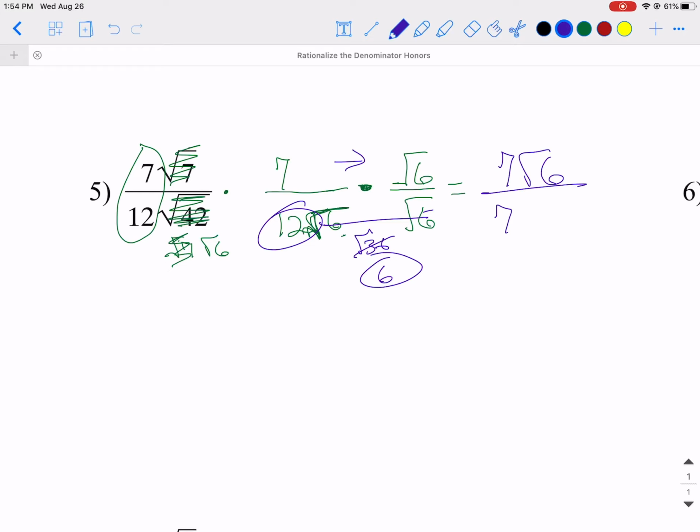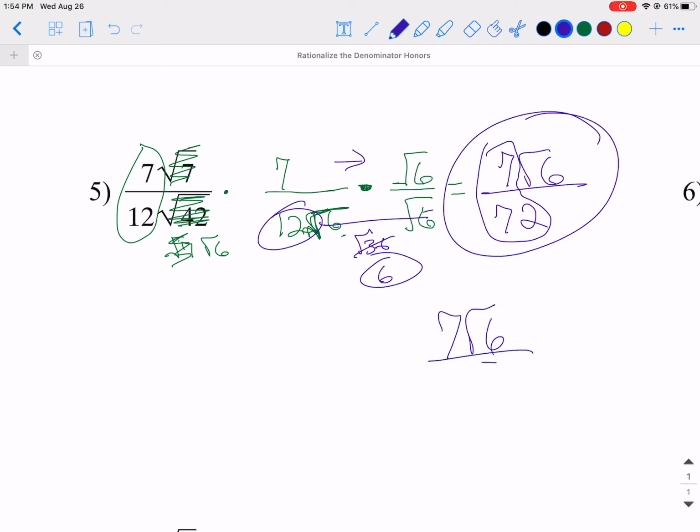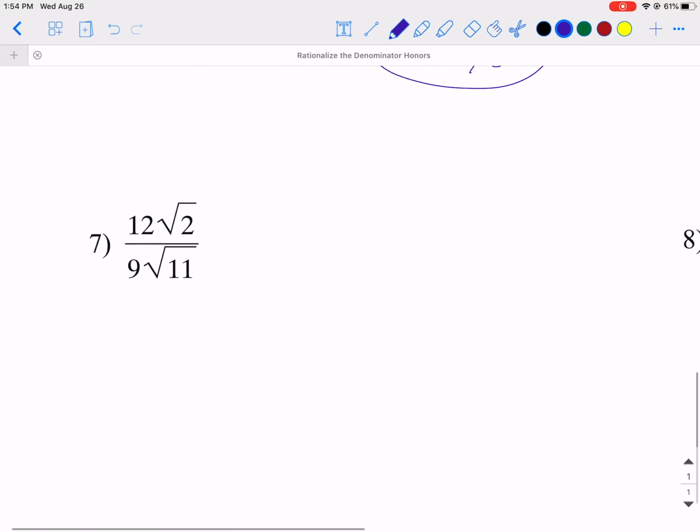So 72. And I know that 7 is not a factor of 72, so that's my answer there. 7 radical 6 over 72. That's your answer.